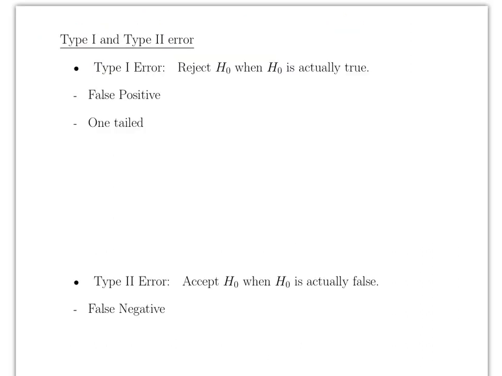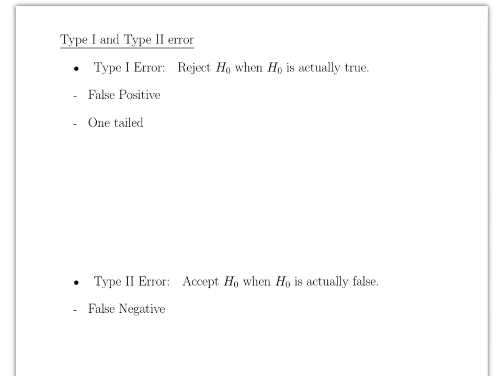If you notice in the last two examples, alpha was either 0.05 or 0.025, which means we were like 95 or 90% confident in some sense that this is true. So we're going to make mistakes or errors. So there are two types of errors that can happen.